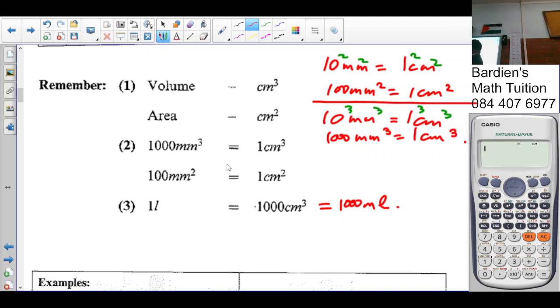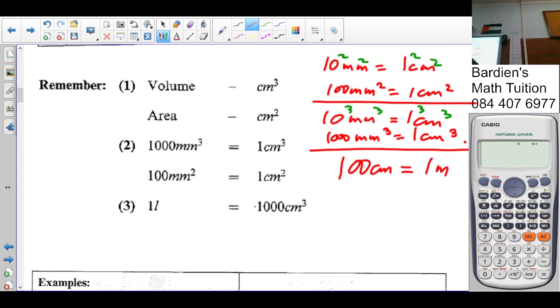You see that? Let's go with meters. 100 centimeters is equal to 1 meter. So 1 meter squared, 100 times 100, which is 10,000 centimeters squared. Can you see that?